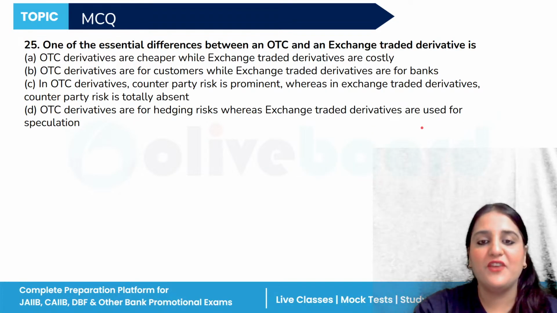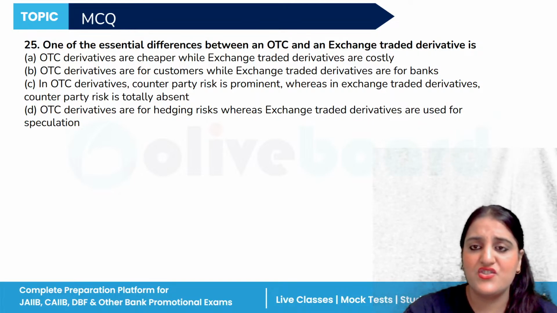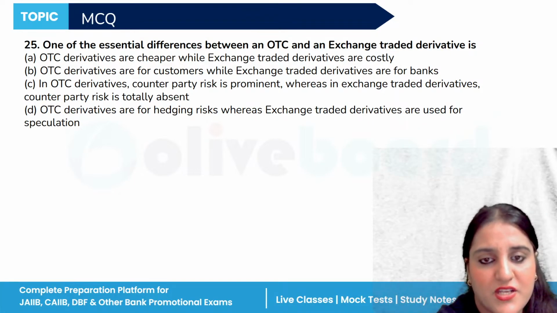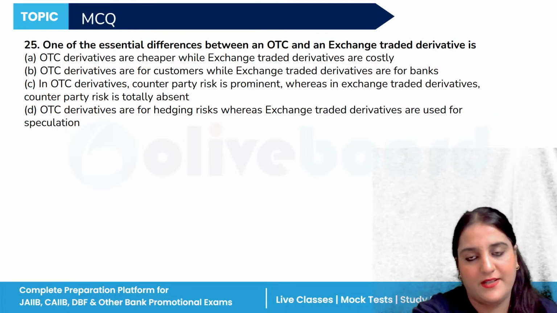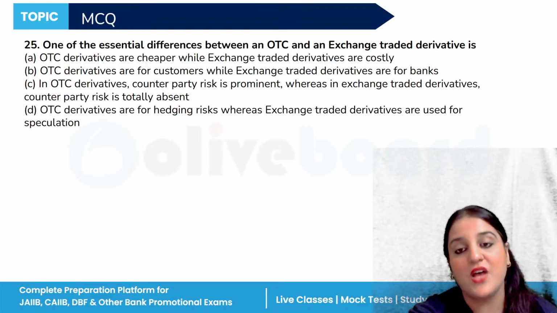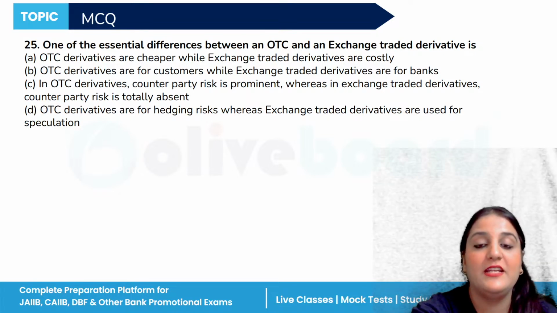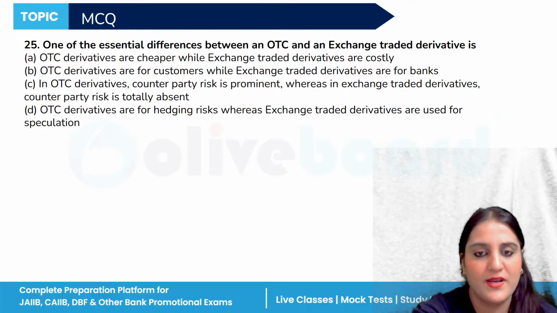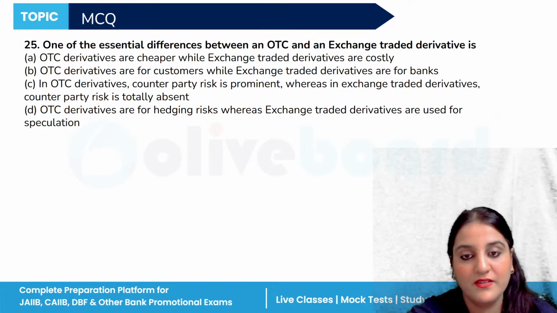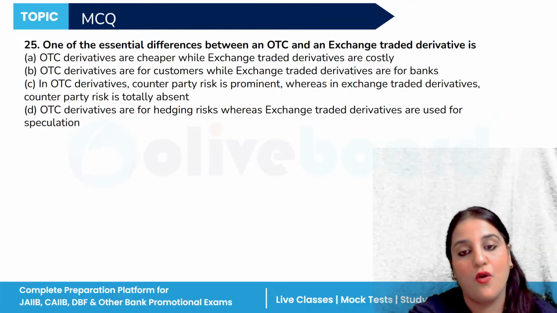Now tell me one essential difference between OTC, over the counter, and the exchange traded derivatives. Over the counter derivatives are privately negotiated and traded directly between two parties without going through an exchange. This leads to significant counterparty risk, which is the risk that one party may default on its contractual obligations.